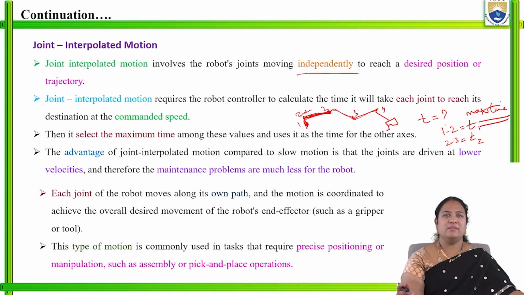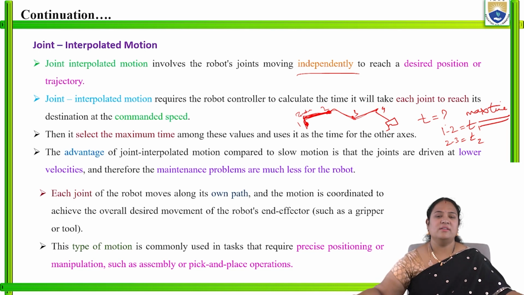Now, the joint interpolation motion, when compared to the slow motion, has lower velocity, and the maintenance problems are also much fewer for the robot. Right?